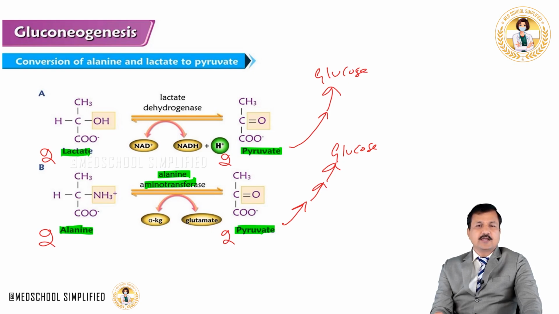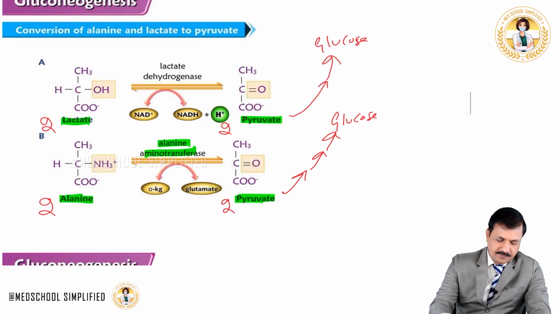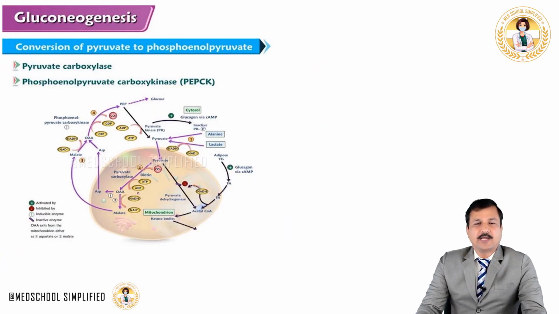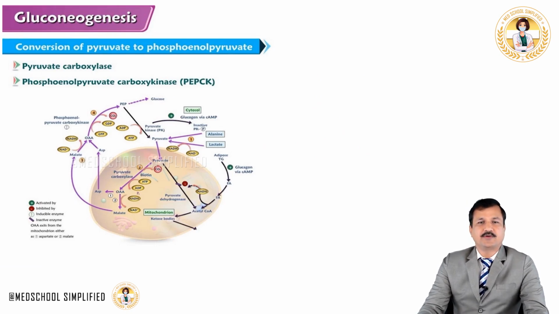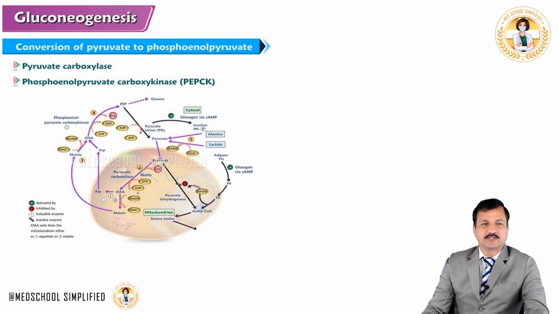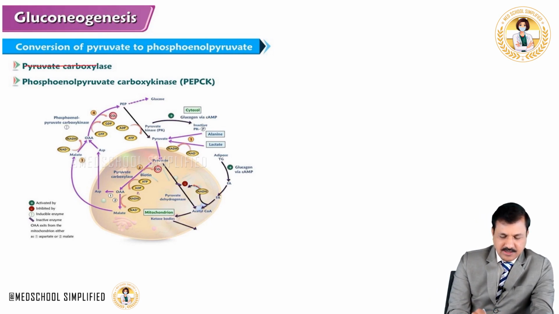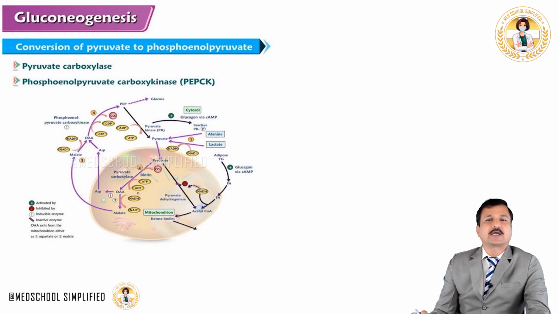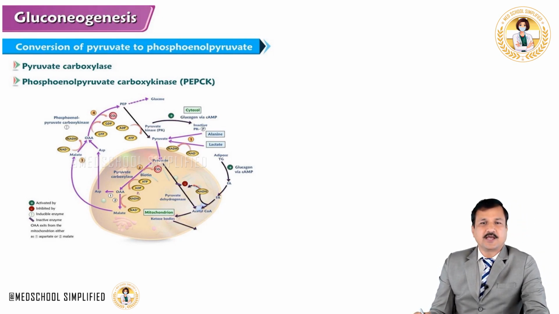Okay, so that's how the cells initially convert alanine into pyruvate and lactate into pyruvate and take that pyruvate into the gluconeogenesis process. Now let's see how to convert pyruvate into phosphoenolpyruvate. As I explained in my previous slide, that conversion of pyruvate into phosphoenolpyruvate needs 2 gluconeogenic enzymes, which are special enzymes as we have seen, because these 2 enzymes correspond to the irreversible pyruvate kinase reaction in glycolysis.